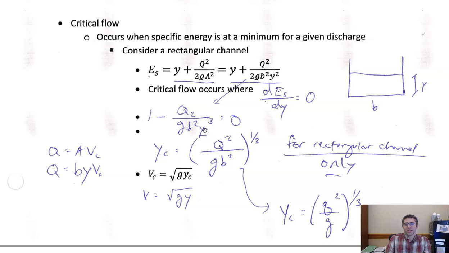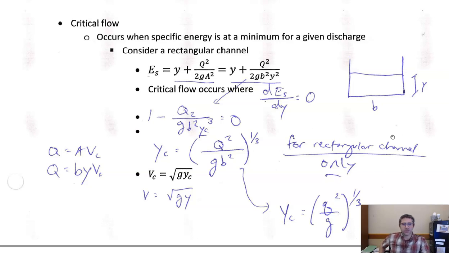I've added a C subscript to the Y because now we're solving for critical depth. We're in this situation where specific energy is at its minimum, so the Y we're solving for is the critical depth. So given this, I can isolate Y sub C, and it's the cube root of Q squared over g B squared.